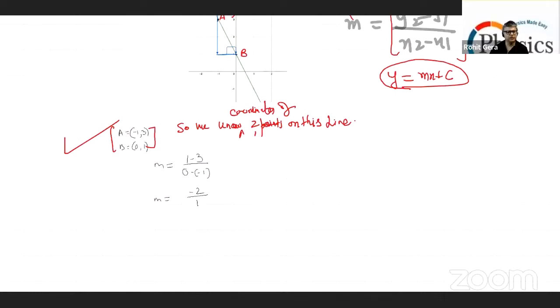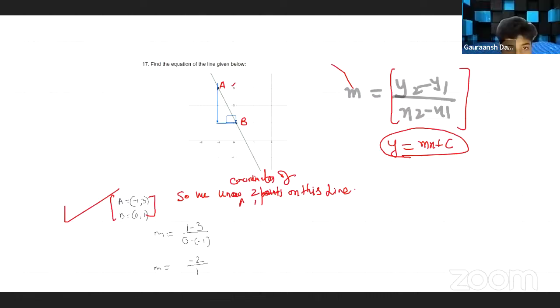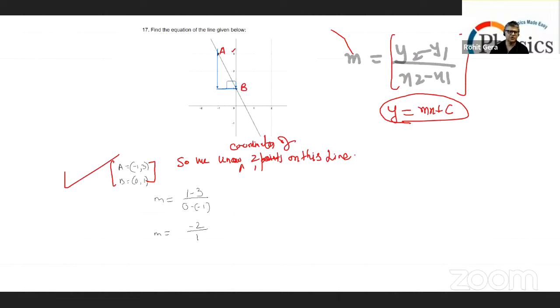Okay, so now you know the slope also. Great. Now please use your knowledge of straight lines and find the equation of the line.